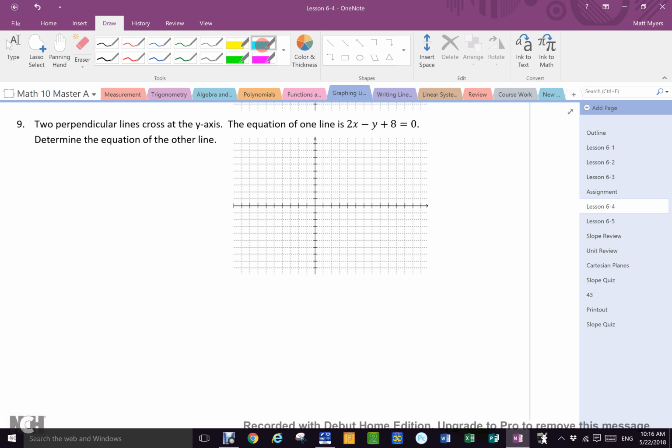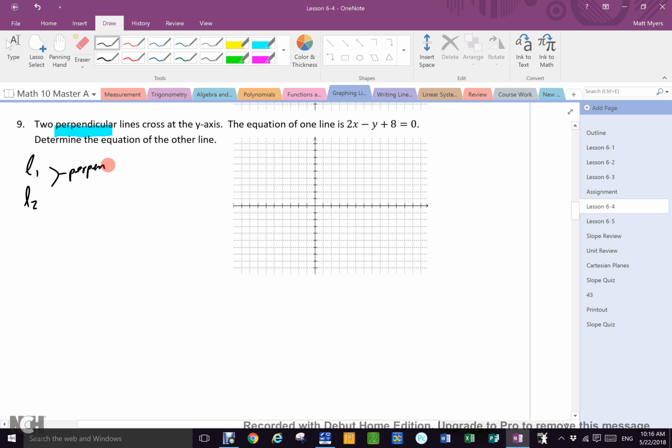Give me one of the hint words from that question. Perpendicular, right? So that means I've got line 1 and line 2, and we know that they are perpendicular.